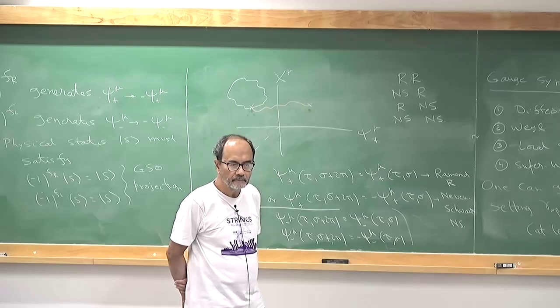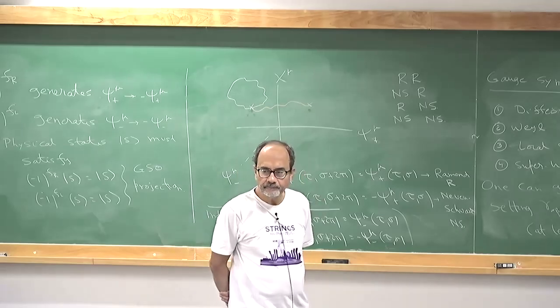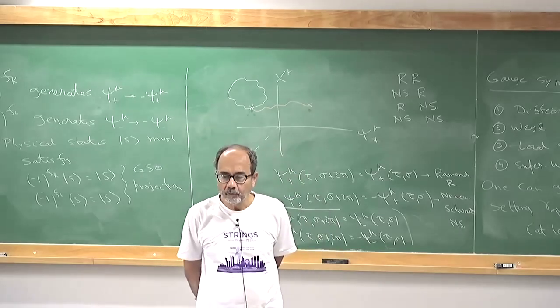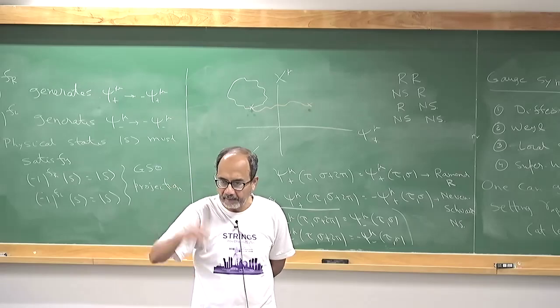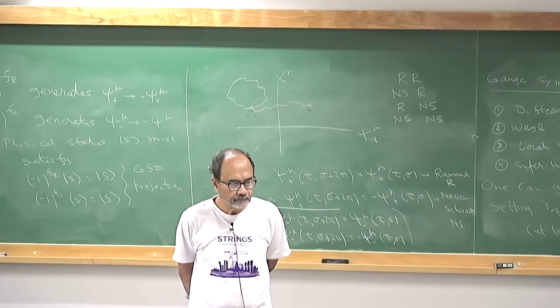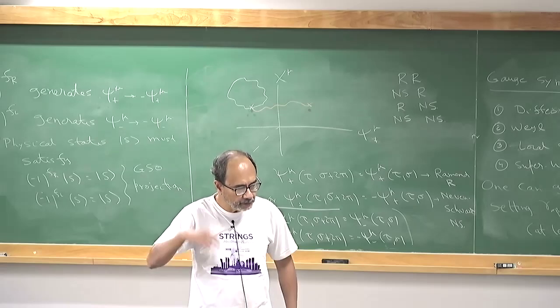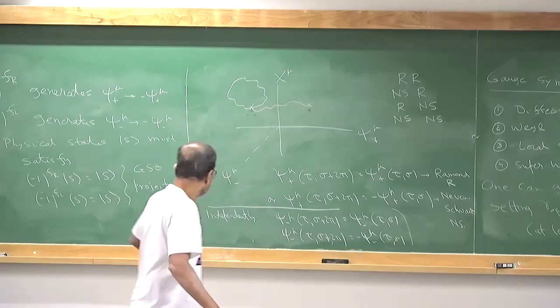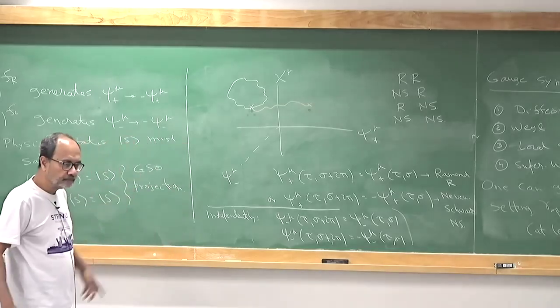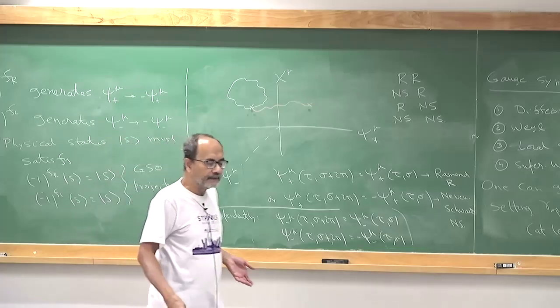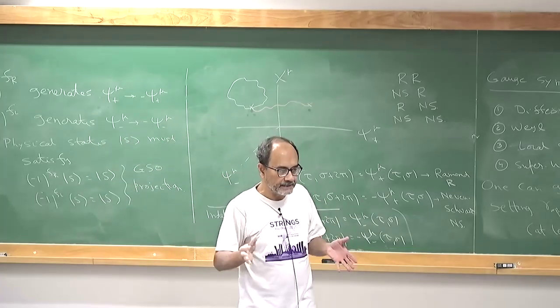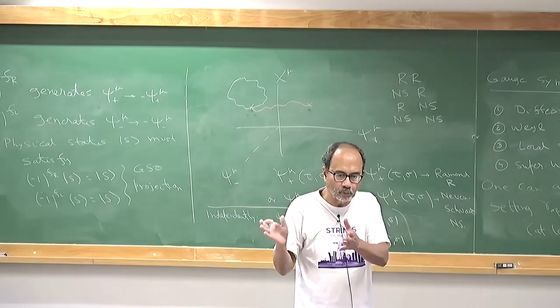Those are four different cases for boundary conditions. Not for configurations, four different choices of boundary conditions. For each boundary condition, you have the whole spectrum of states that you have to study. And on each of these sectors, you have to impose these GSO projections. Roughly, GSO projection keeps 1/4 of the states because you are imposing a Z2 times Z2 projection condition.